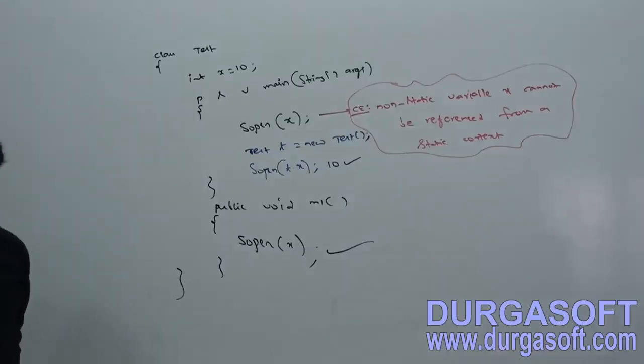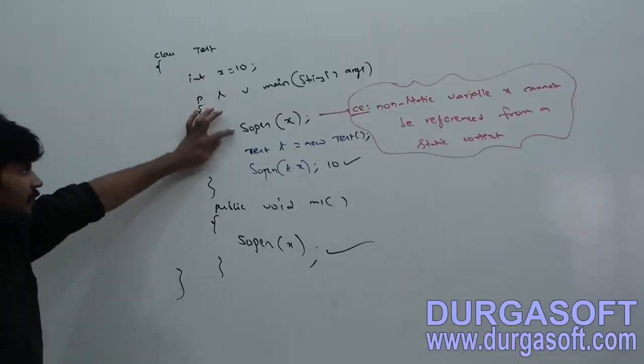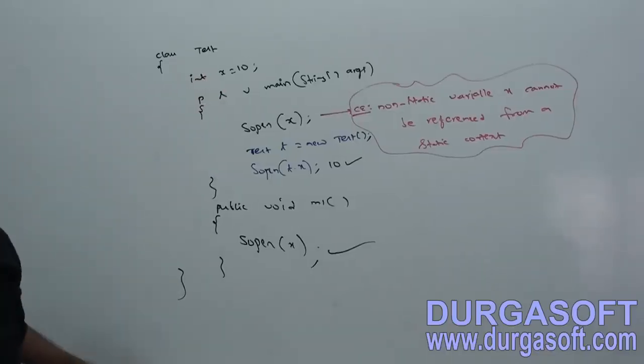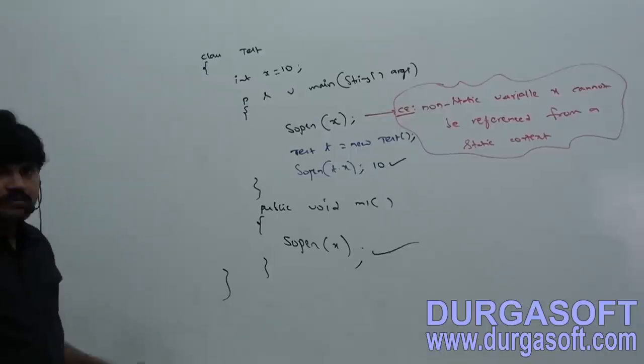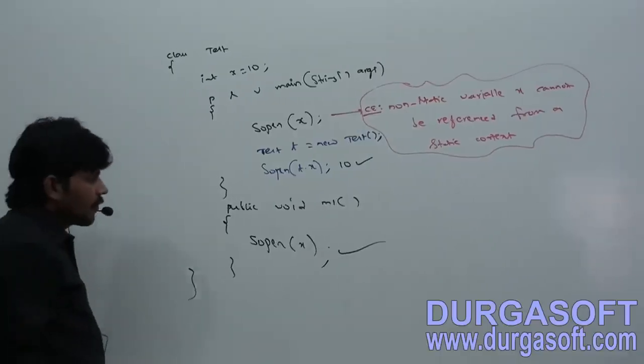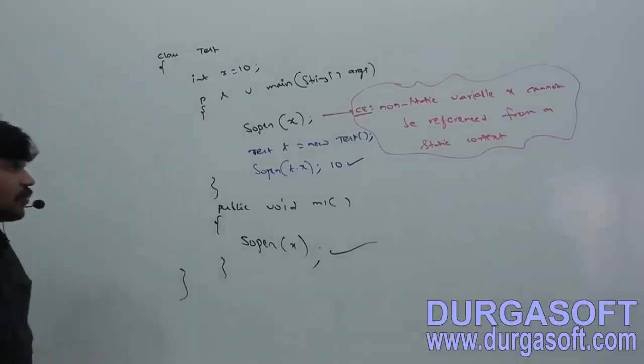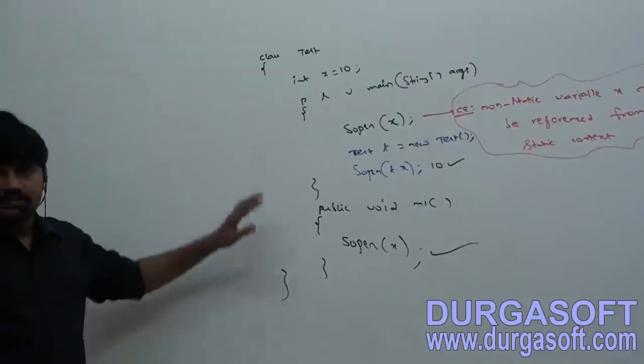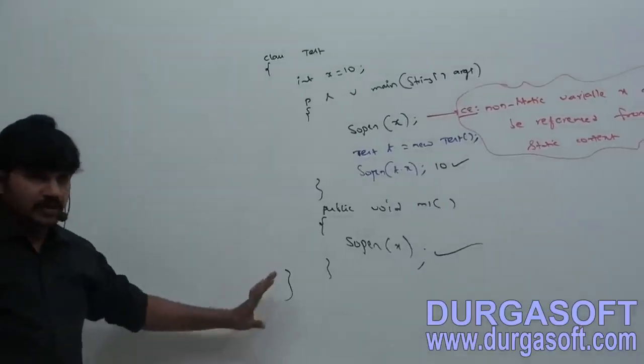Take clearly. So we can't access instance variables directly from static area. I hope the terminology is very clear for you. Okay, public void m1 SOP of x. So not required to keep much explanation about this one.